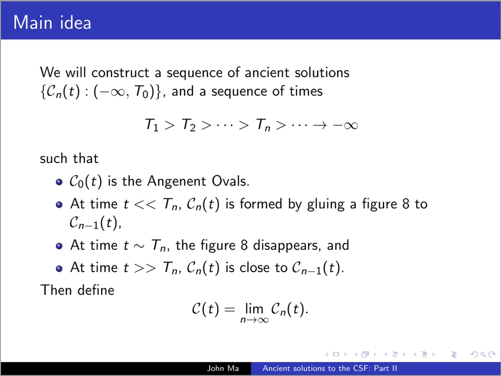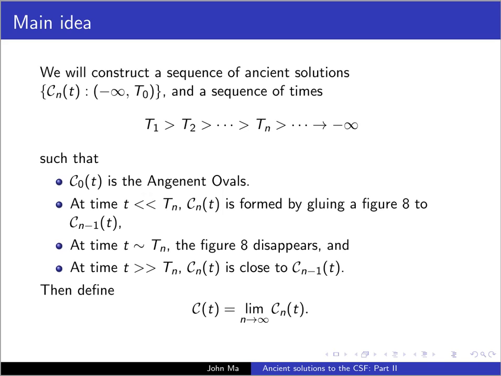So what we get at the end is the following. When t is very small compared to Tn, much smaller than capital Tn, then the Ancient solution Cn of t is just the previous one together with a figure 8.